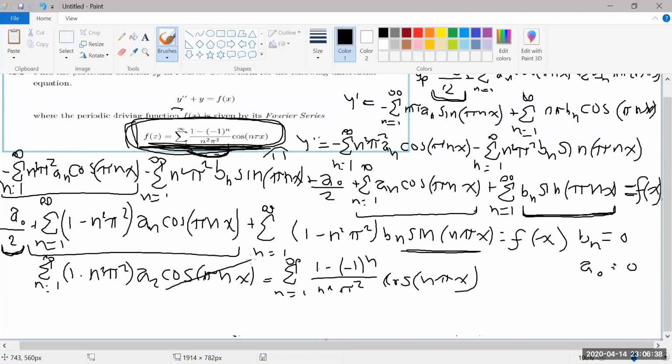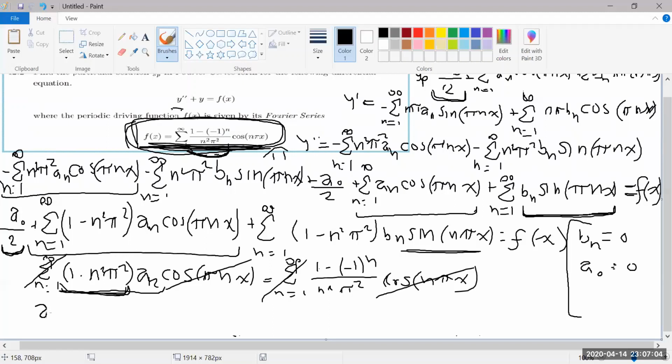Now you can treat it like any other equation. We have a cosine on both sides, so we can cross those out. We have a summation, so those are gone too. Now all you have is this term, and we're trying to solve for our coefficients here. All you really need to do is divide by this right here to isolate your a sub n.